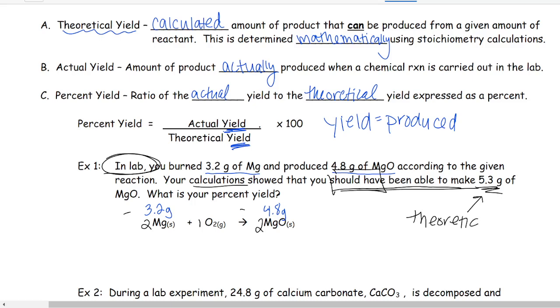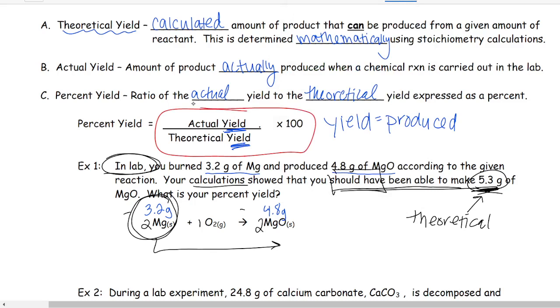The way that you get that value, this one has already been done for you, but normally I would have you calculate it yourself. The way that we would calculate this is by starting with a given amount of reactant and determining how much of that specific product I should be able to make. Here that's already been done so that we could do our first one and understand the process of calculating the percent using this formula.